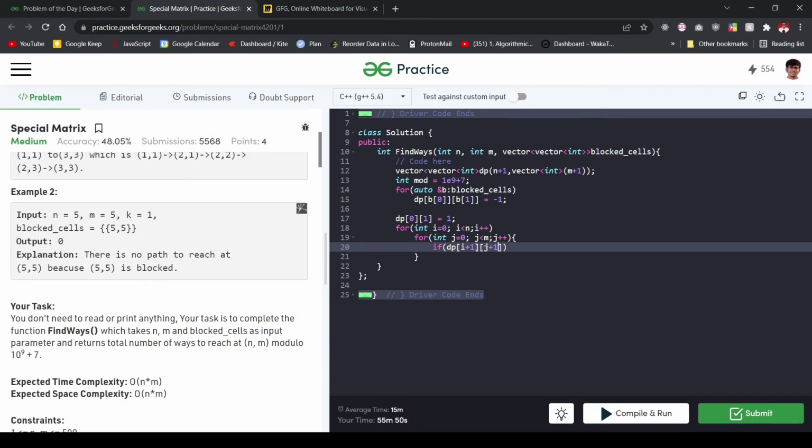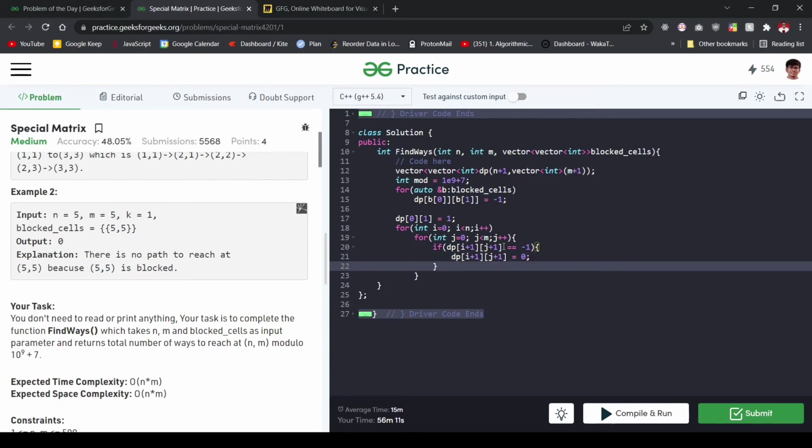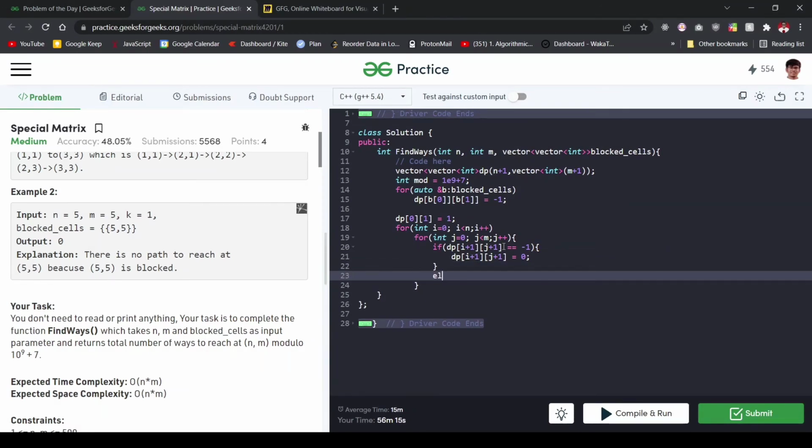So that's why I'm considering i plus 1 and j plus 1 over here, and we'll check if this particular cell value is -1 or not, and if that is the case then we'll simply replace that cell value with 0.